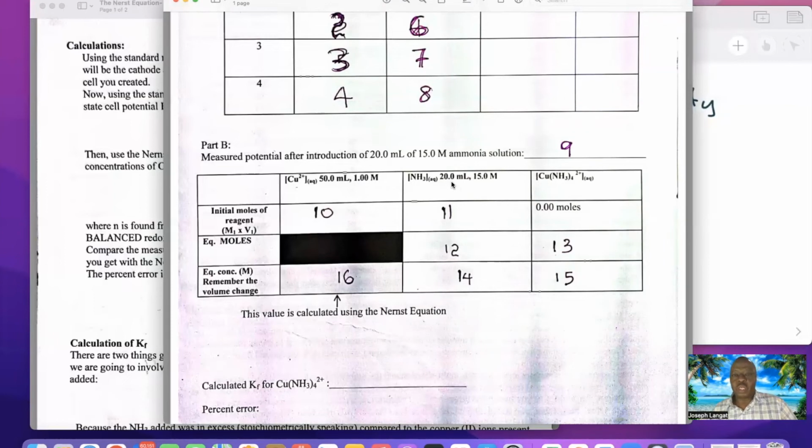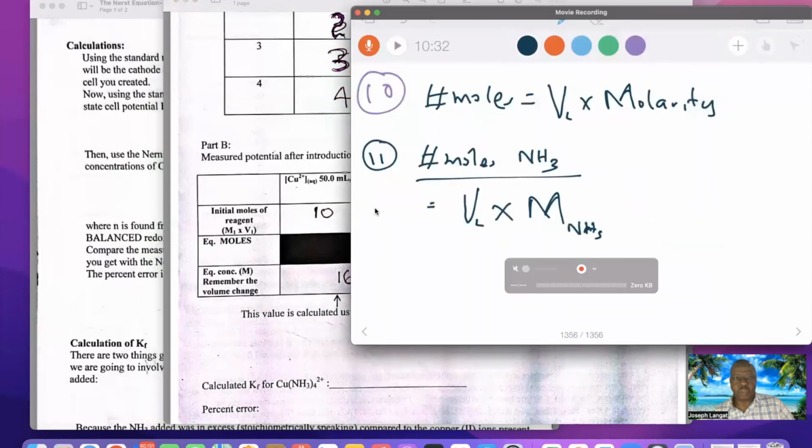You have to change the volume to liters. And then this is the molarity for line 11, okay?